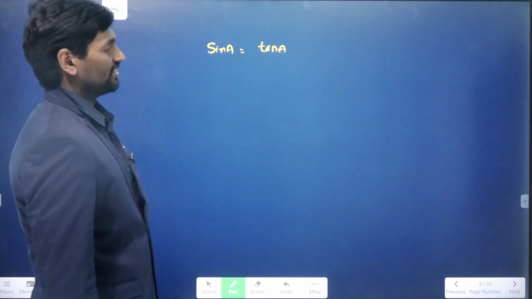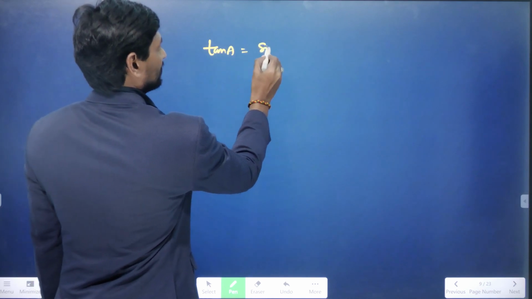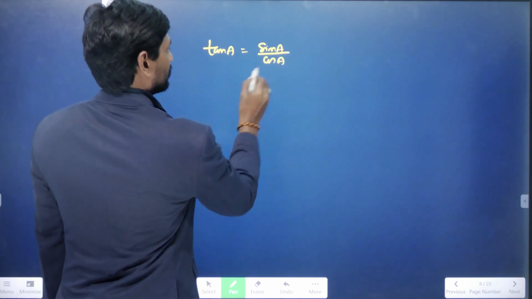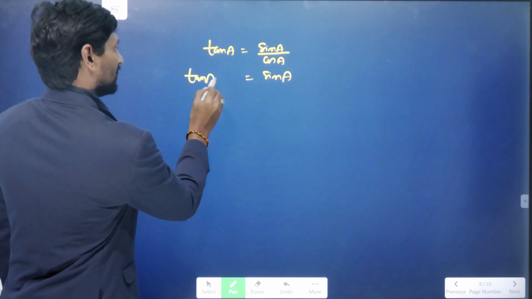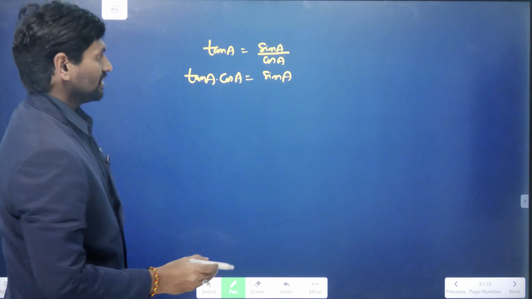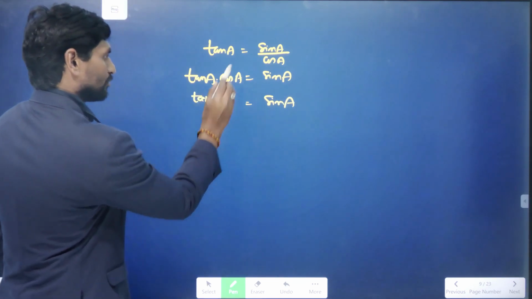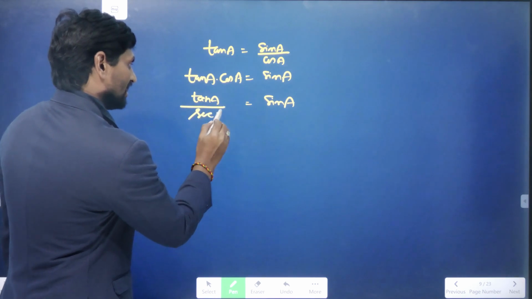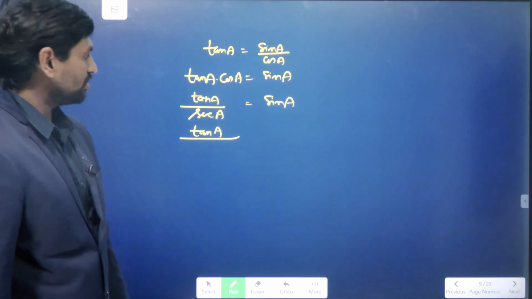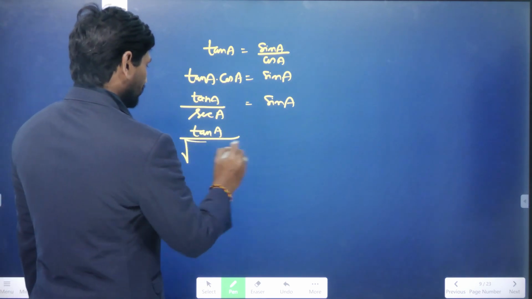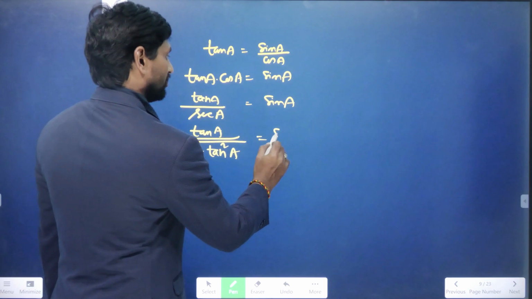Tan A is nothing but sin A by cos A. So from this, sin A equals tan A into cos A. Cos A I can write as 1 by secant A. So sin A equals tan A by secant A. Because we have the tan and secant relation, secant square theta minus tan square theta is equal to 1, then secant square theta equals 1 plus tan square theta. So sin A equals tan A over root of 1 plus tan square A.